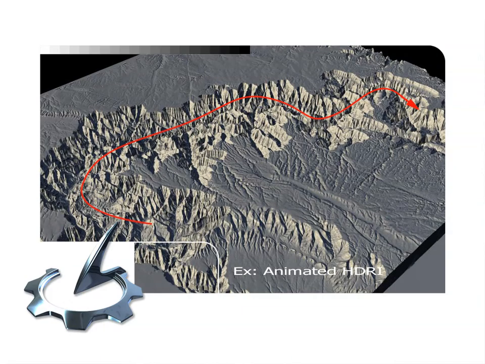So aside from temporally animating HDRs, there's also the opportunity to spatially animate HDRs as well. And this would be useful for, say, in this case, a canyon fly-through, where we'd have a lot of areas of light and shadow that, say, a CG aircraft would have to navigate through.